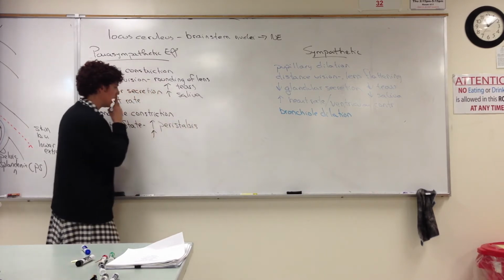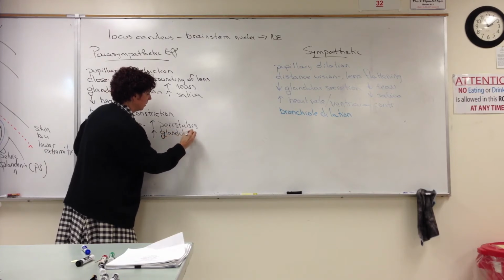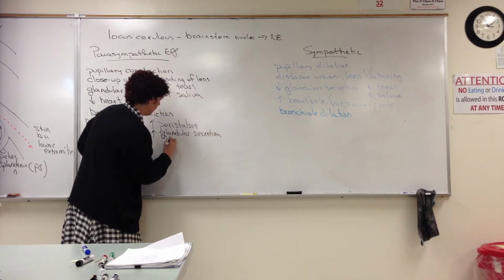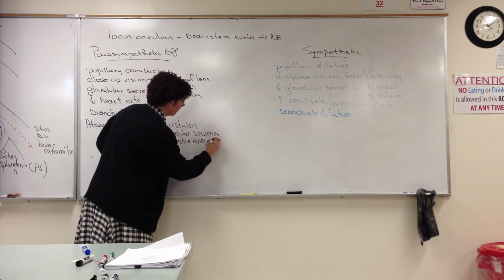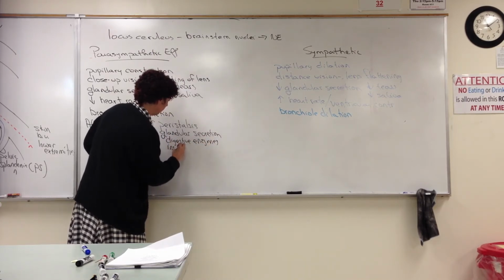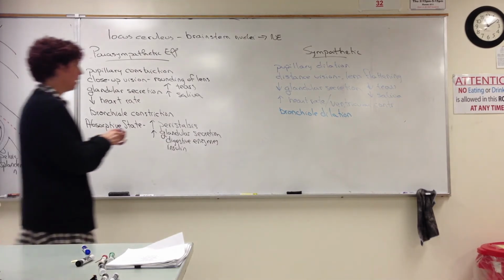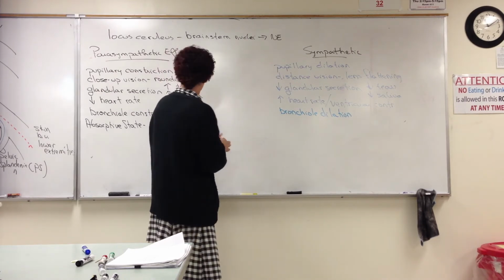We have an increase in glandular secretion, so digestive enzymes and insulin. So if we have too much of our cholinergic drugs, we're more likely to have diarrhea because we're going to increase that peristalsis more than normal. Too much of our sympathetic drugs, we're going to have a decrease, so more likely to have constipation.